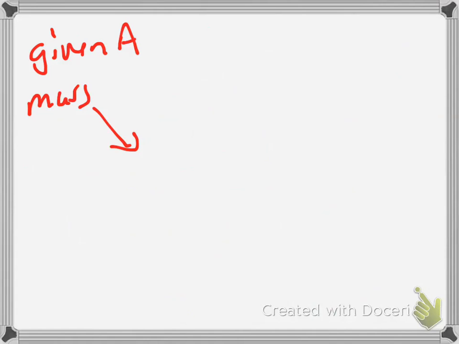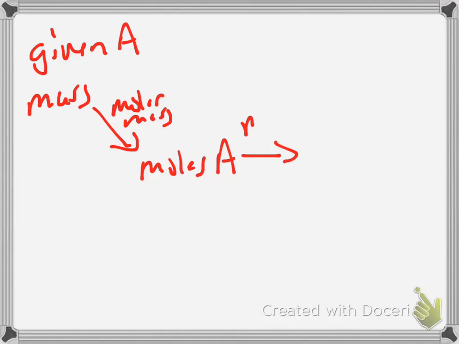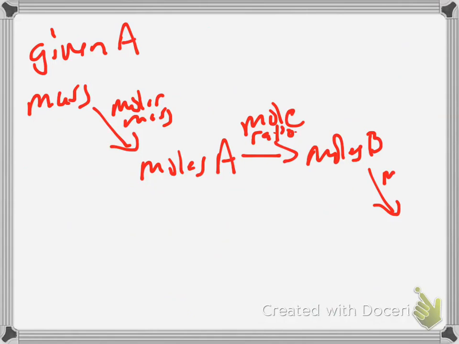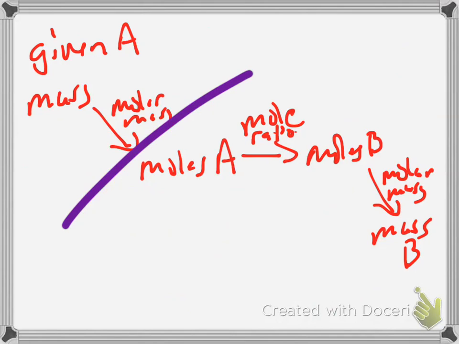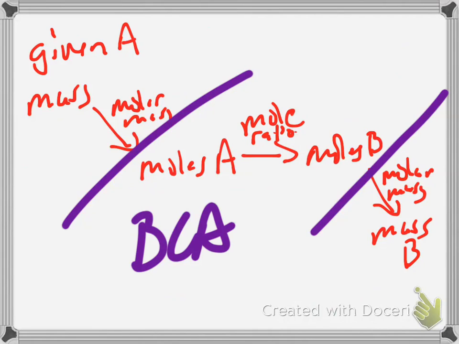We're going to convert that first using the molar mass into moles of A. We're going to use the mole ratio to go to moles of B. And lastly, we're going to use the molar mass again to go to the mass of B. So 3 steps to this. And remember, this region here is in your BCA chart. Okay, we have to have those things in moles.